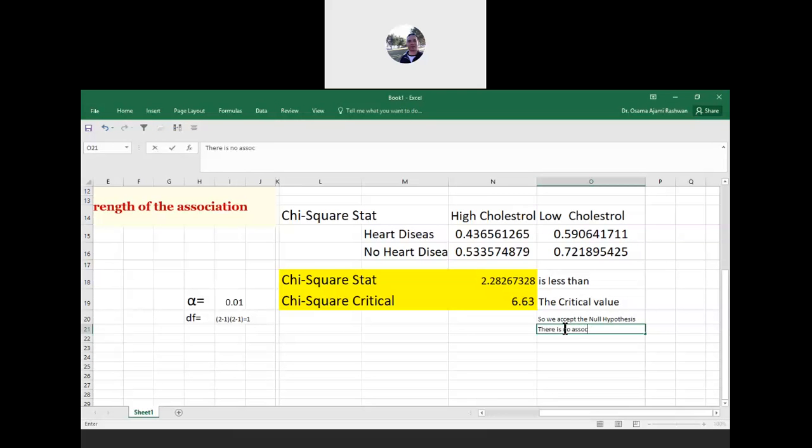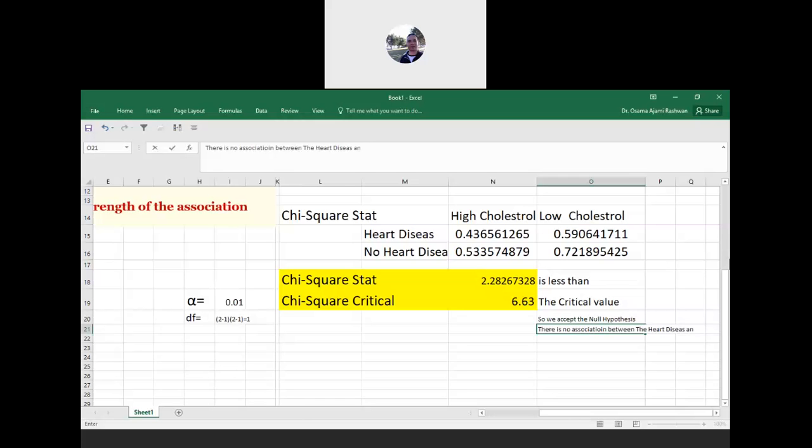So the chi-square test measures whether there is association or no association. There is no association between what? Between my first variable, which is what? The heart disease and what?